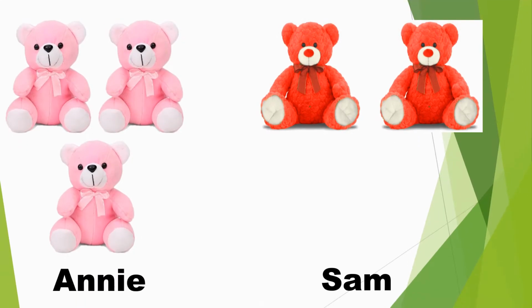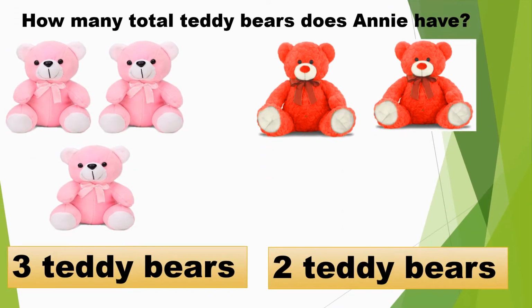She already has 3 teddy bears with her, and her brother Sam gave her 2 more teddy bears. So Annie has 3 teddy bears and her brother gave 2 more. So how many total teddy bears does Annie have?